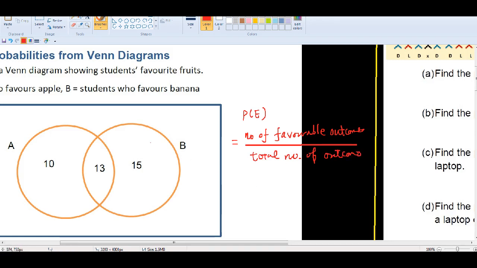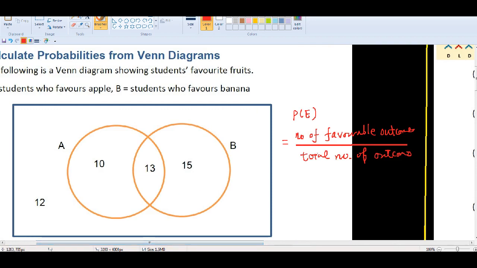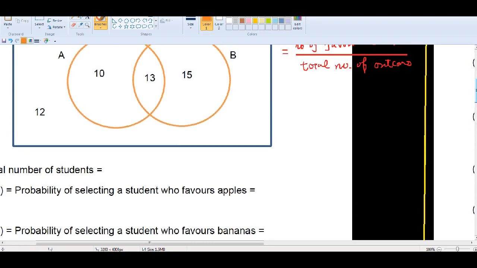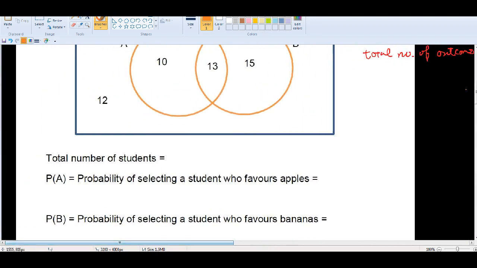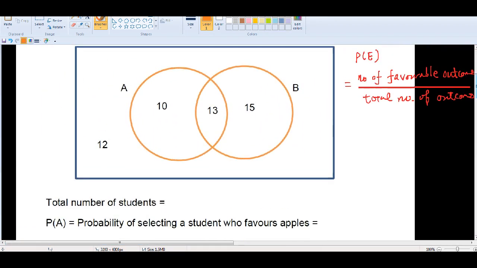And the total number of outcomes here just refers to the total number of students in the Venn diagram. So that's the first task you need to understand, the total number of students. The total should be 12 plus 10 plus 13 plus 15. So there are 50 students.